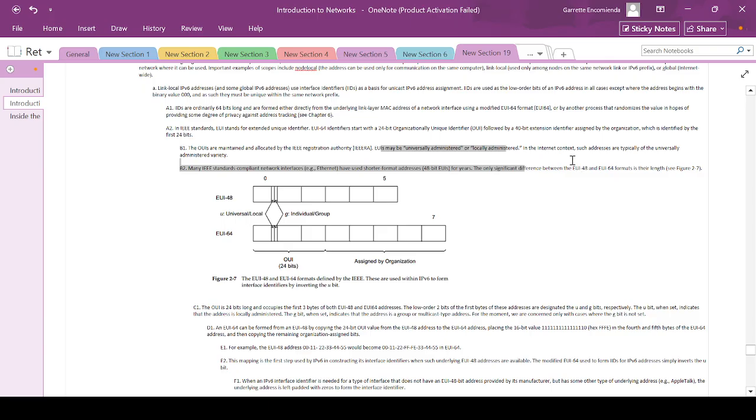In the internet context, such addresses are typically of the universally administered variety.